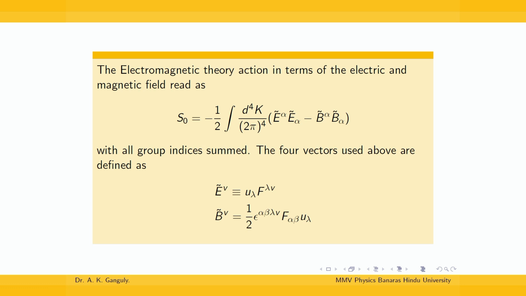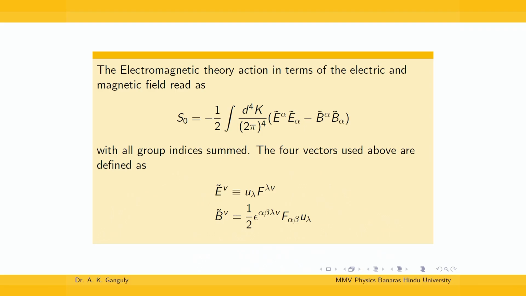Alpha in principle should take values from 0 to 3, that means 4, and so does the magnetic field. But in reality, when we talk of electric field or magnetic field, we have only 3 components, and all 3 of them are spatial components. So, how do we come to the 4th component of the electric field vector and the magnetic field vector?